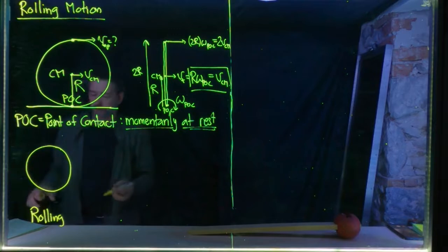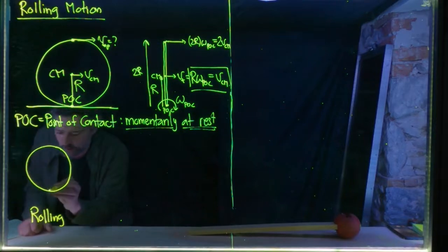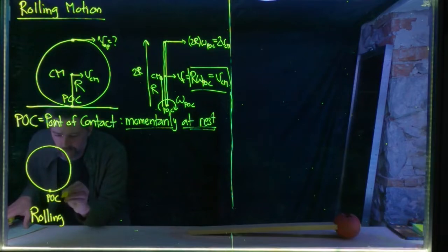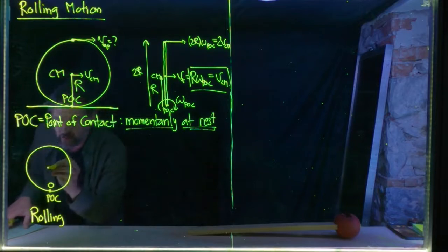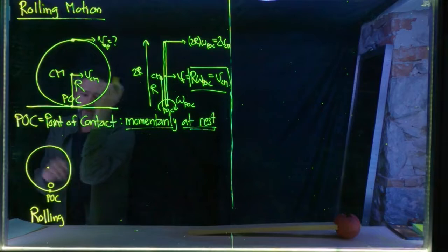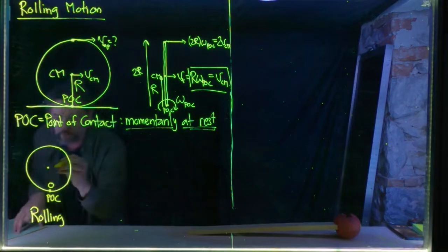And rolling is basically, there's a point of contact which has a velocity 0. It's momentarily at rest. And then the center of mass point, so the object is doing this, and the center of mass point is moving with a velocity VCM to the right.